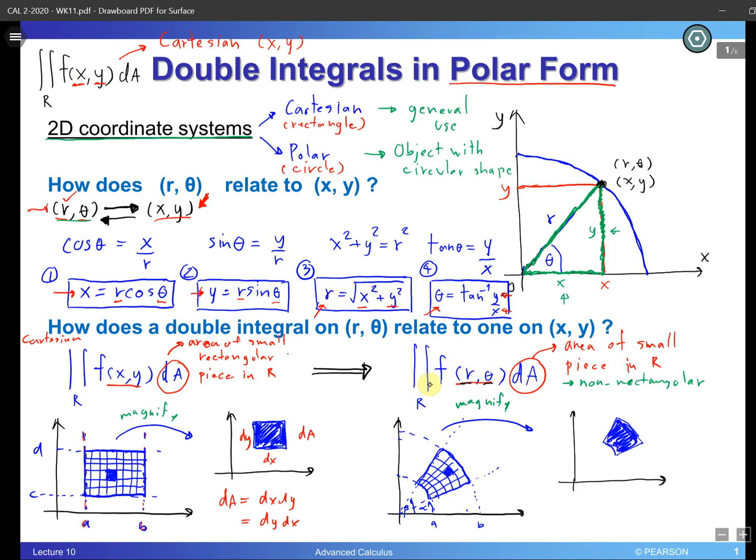Okay, this one. All right. So this area of this is going to be dA. And what we know so far is that the step on the radius direction is going to be dr, and the step in the angle direction is going to be d theta. But as you can see here, this shape is non-rectangular, which means that this dA is not going to be equal to dr d theta.